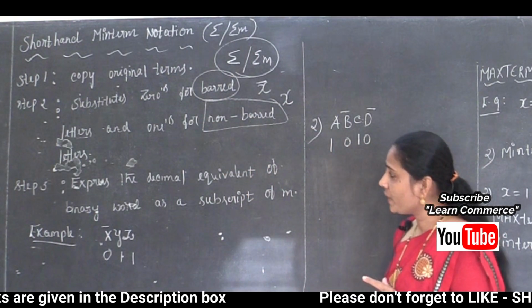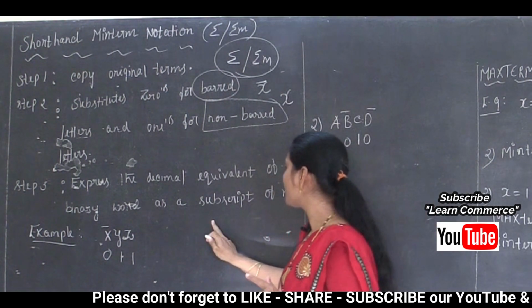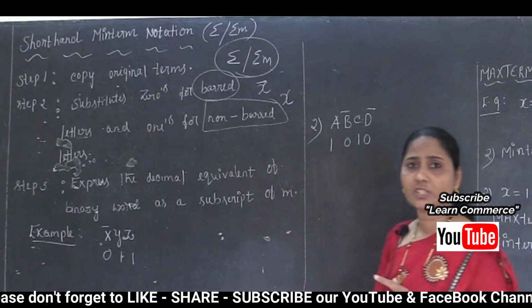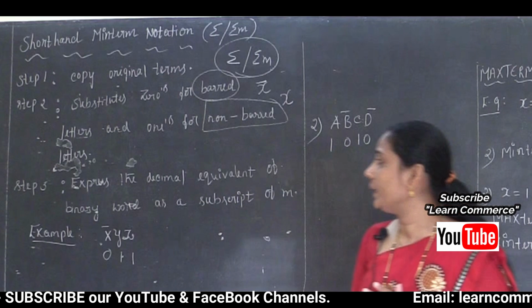Step 3, express the decimal equivalent of the binary word as a subscript of m. Clear this point here? So by using all those steps we are going to solve the shorthand Minterm notation.